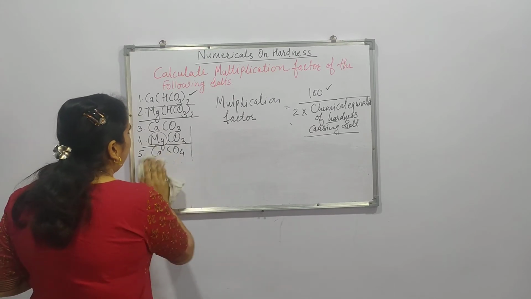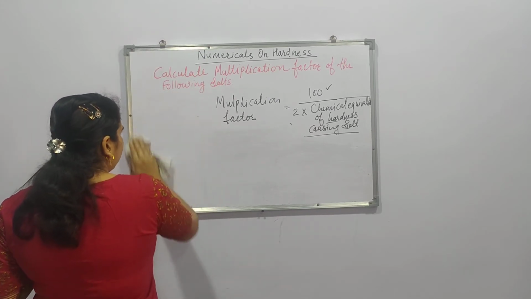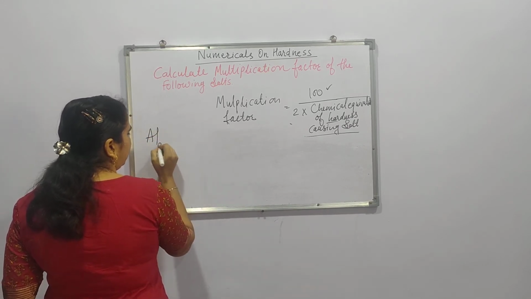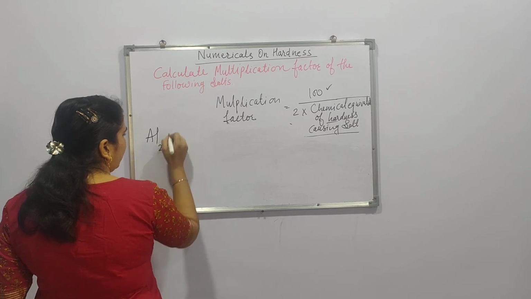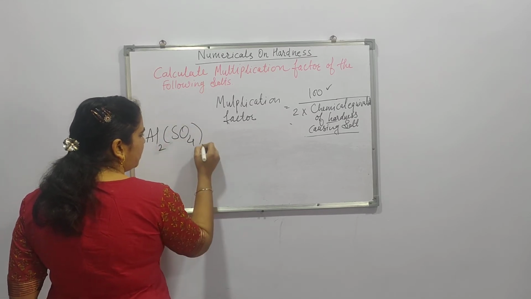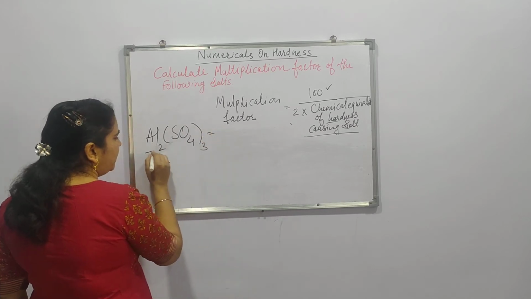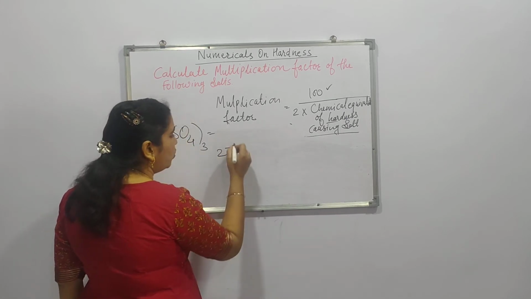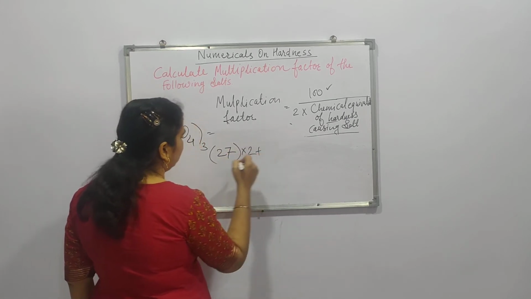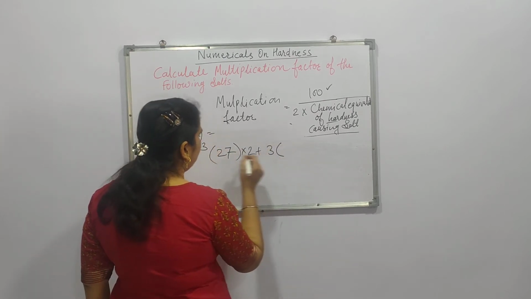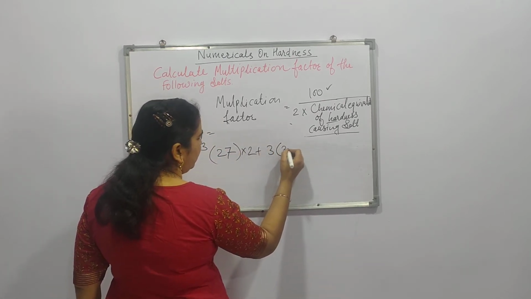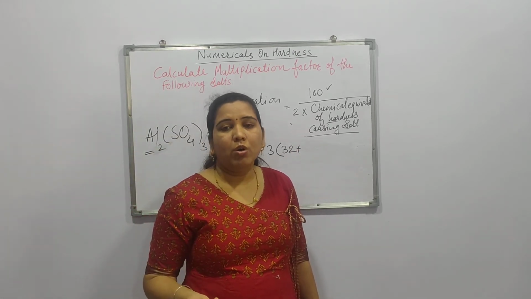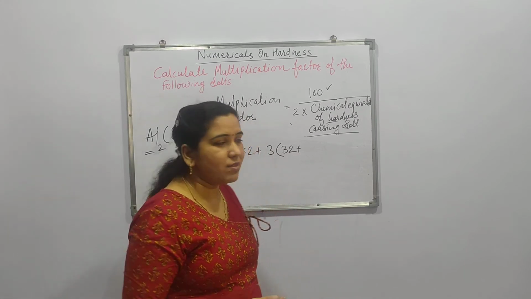For example, we will take one more example, that of Al2(SO4)3, aluminium sulfate. Aluminium has atomic weight 27. So 27 into 2 plus 3 into sulfur 32 plus O4, where a single O is 16, so 4 16s are 64.